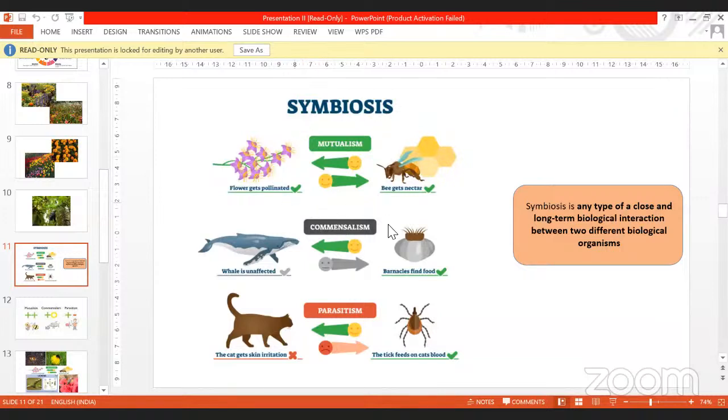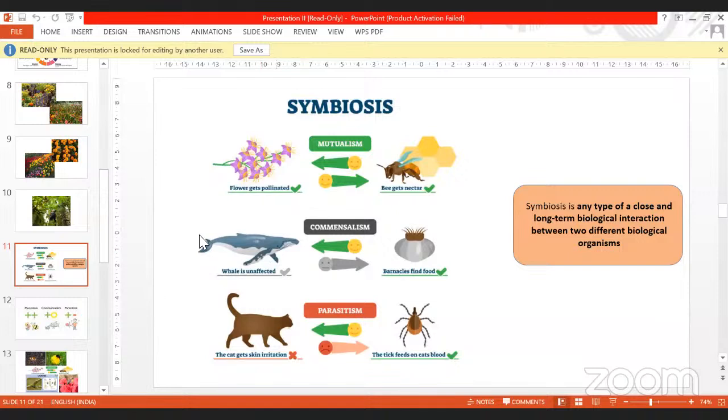Basically, mutualism is the one that brings together objects that are in harmony. When any two objects are in harmony, they share a mutual relationship with each other, a give and take. So both are benefited. In commensalism, one is benefited and the other is unharmed.